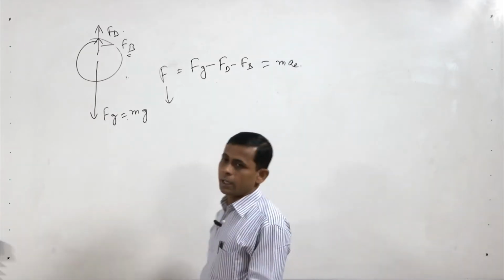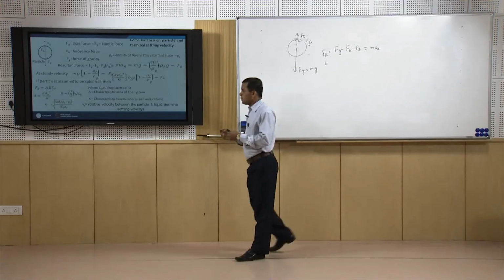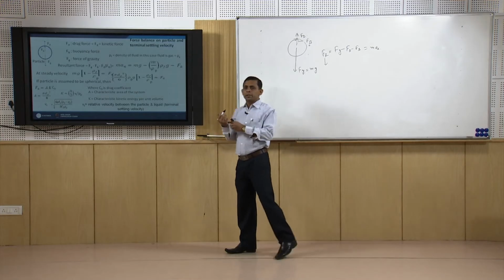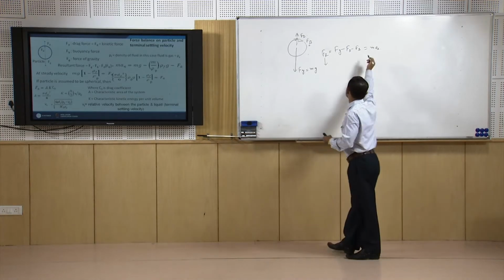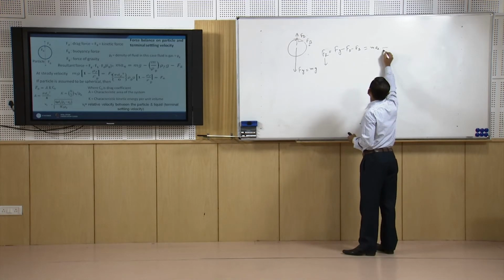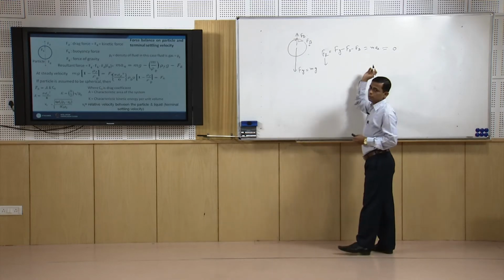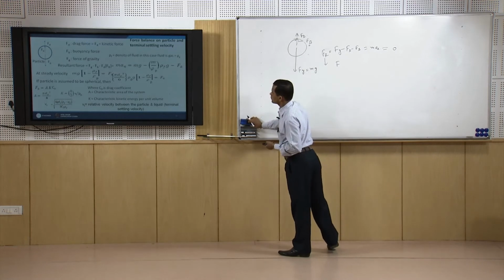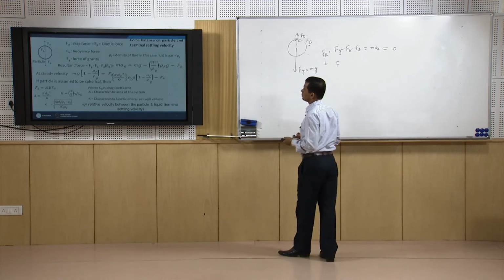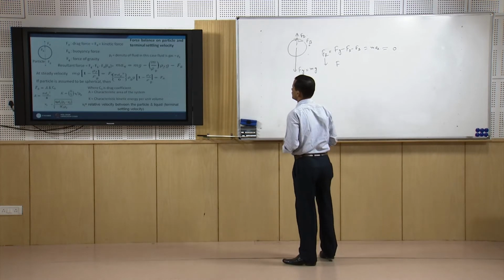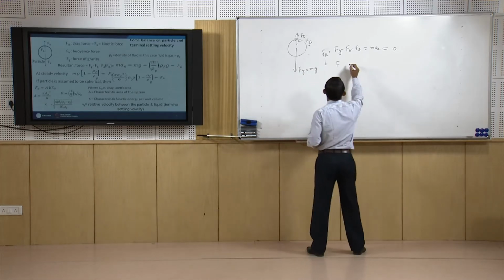But when the particle reaches the terminal settling velocity, there is no acceleration, so that is equal to 0. In that steady state we get Fg minus Fd minus Fb equal to 0. So we get Fd equal to Fg minus Fb.